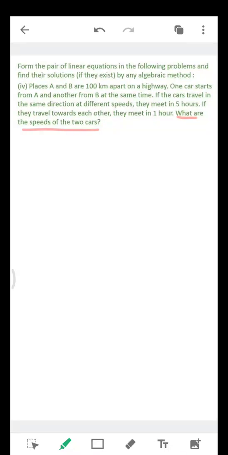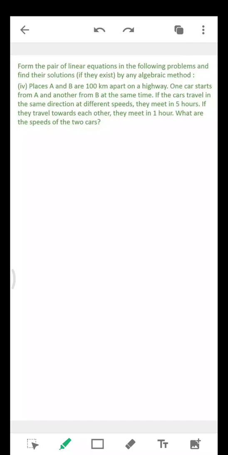Isn't it amazing? Yes, very interesting. Let's begin. The problem is very simple. You need to frame the equations, then solve the equations, then you can get your answer very easily.